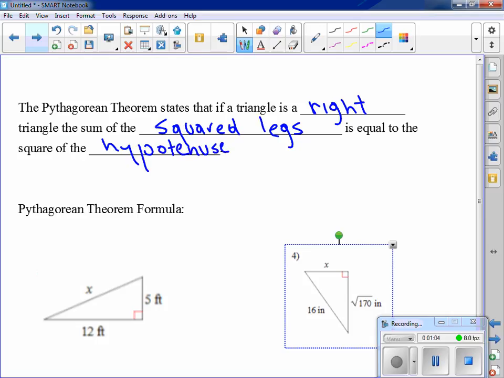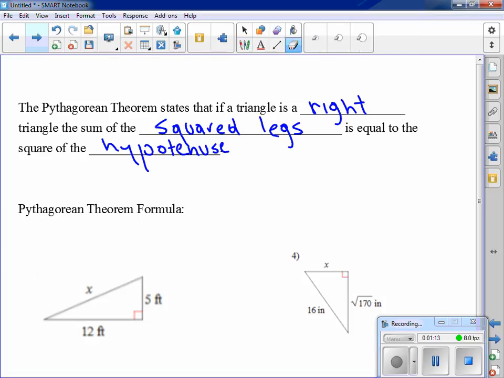And the way that looks, you may be familiar with it: a squared plus b squared equals c squared. I'll write that a little bit neater for you. So a squared plus b squared is going to equal c squared. This is our basic Pythagorean theorem.